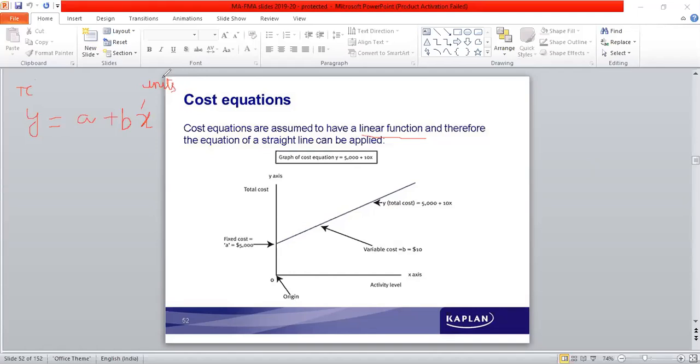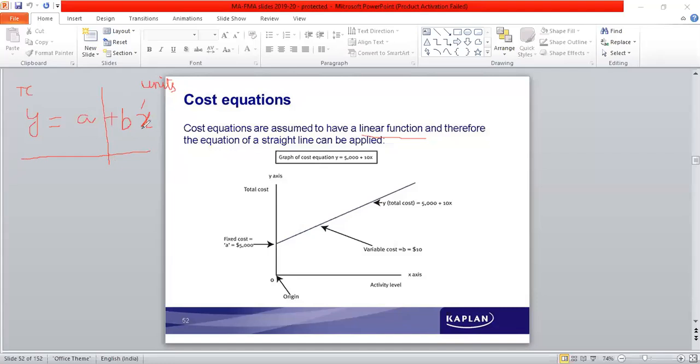Now in the equation there are two other variables, a and b. Both of them are constants. So the relationship is presented by this particular equation. When we look into this equation, there is a sum of two items. The first part is a, which is a constant.